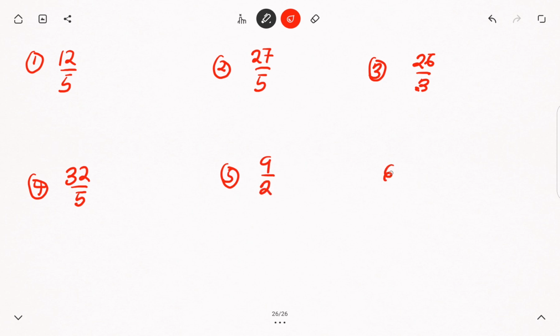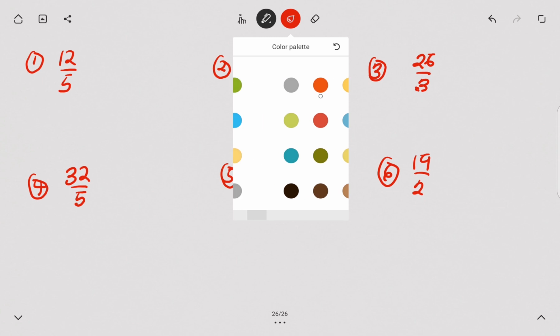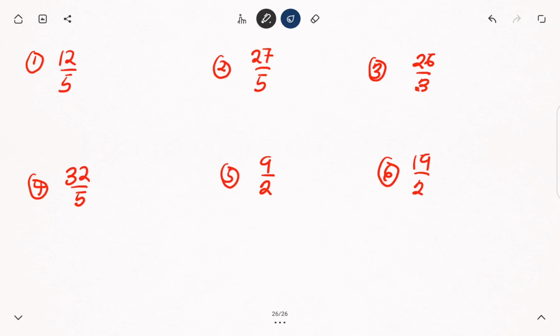And then 6, 19 on 2. Right, so you can pause the video, try your hands on these examples, and then you can compare with mine at the end. Okay, so let's attempt the first one, which is 12 over 5.